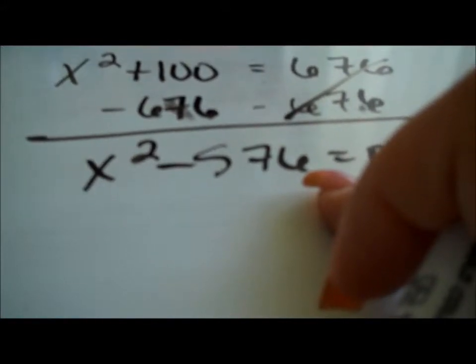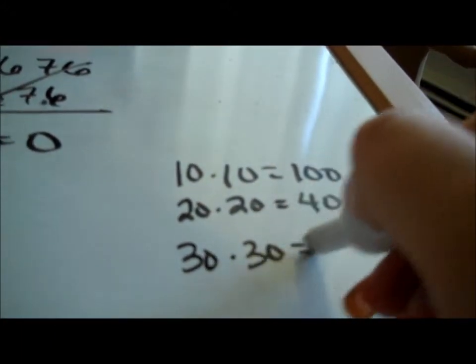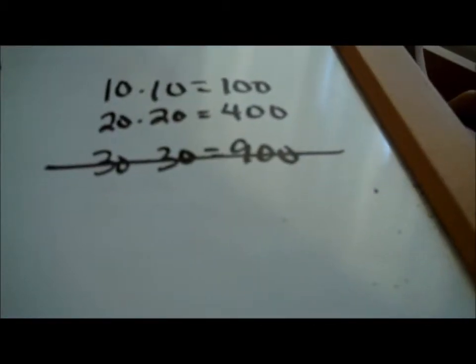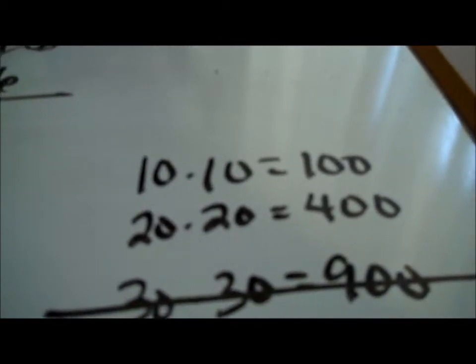Let's just start with our basics. 10 times 10 is 100. 20 times 20 equals 400. And 30 times 30 equals 900. So that means that I will not be using anything that is in the 30s. I will be using something that is in the 20s. So I need to find 20 something times 20 something that is going to give me 576.